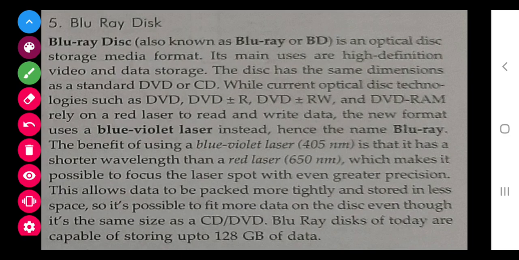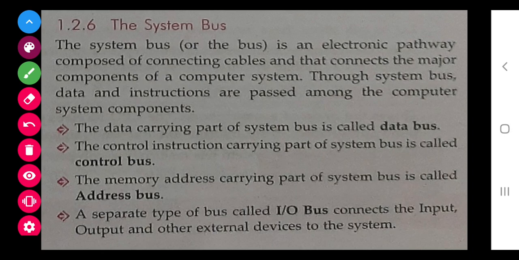Similarly, Blu-ray disc is also there. This is also a type of CD only, and in this the data is stored with the help of a blue violet laser, so that's why it is named Blu-ray. So this is the thing.